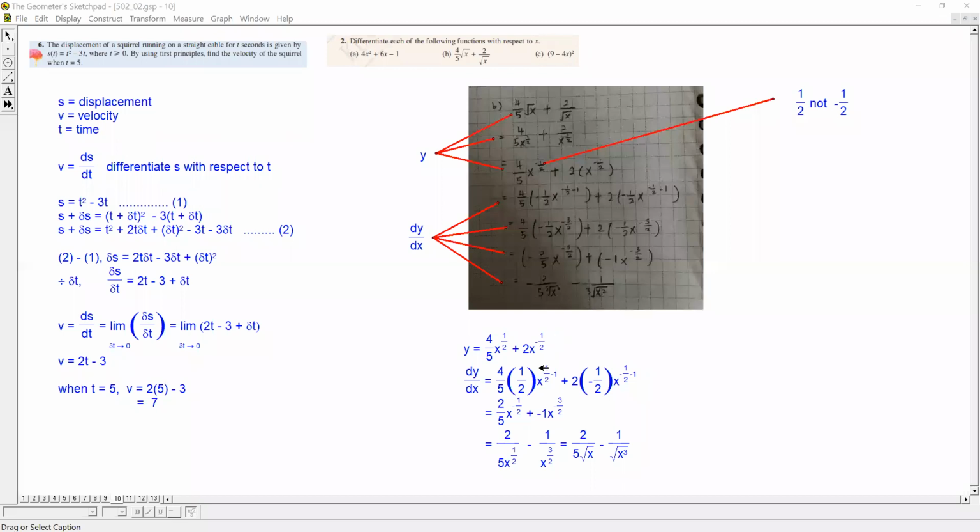Okay, right. So when you differentiate 4 over 5 x to the power half plus 2 x to the power of negative half, you bring down the half, then the index you minus 1. This one also, you bring down the negative half, the index you minus 1. Now in this process I show you here, the index minus 1 is at the beginning.